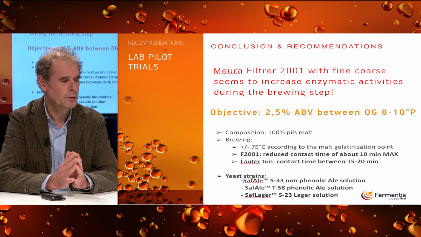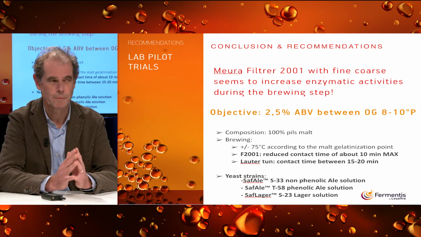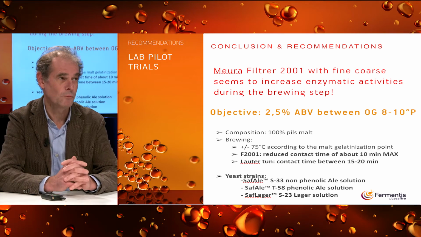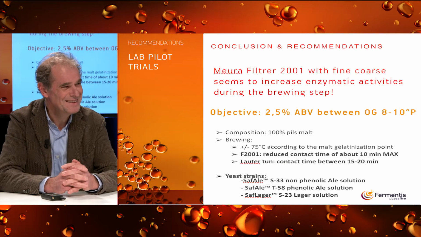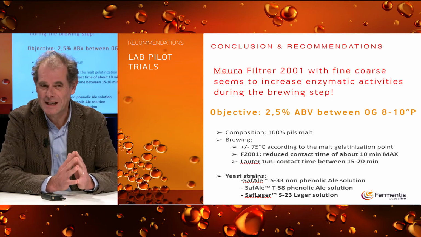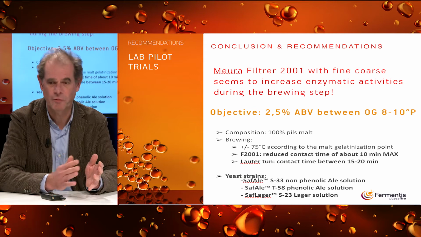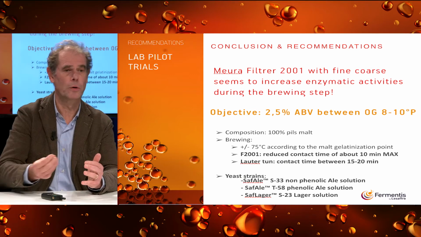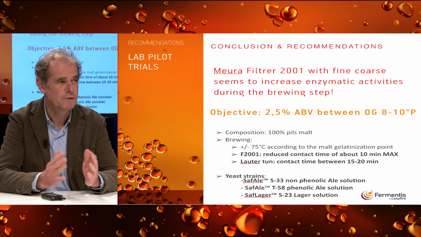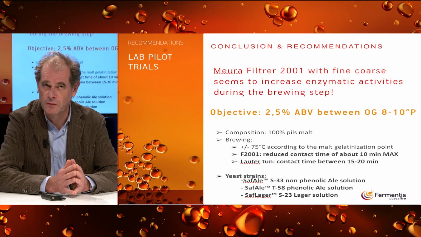And if we use a 2001 mesh filter, and not the 2201, I'm sorry for that, we have to reduce the contact time to about 10 minutes as a maximum to expect a lower degree of fermentation. And if there is a low to ton, the contact time could be between 15 and 20 minutes.